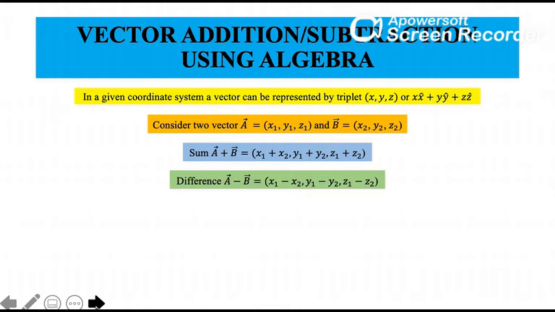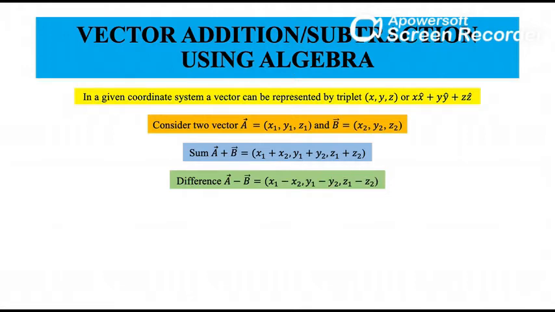Similarly, to get the difference between A and B, you have to subtract x2 from x1 for the x component, y2 from y1 for the y component, and z2 from z1 for the z component.